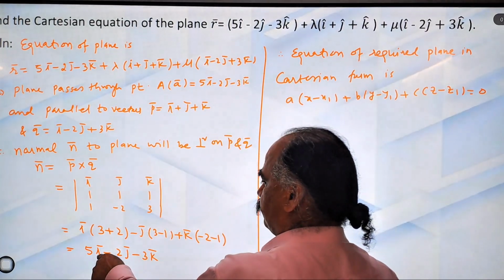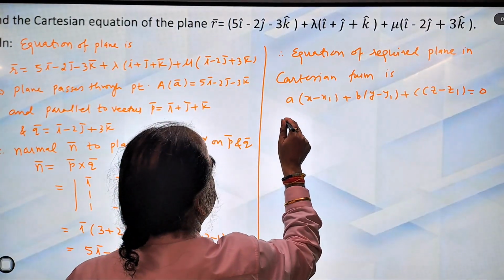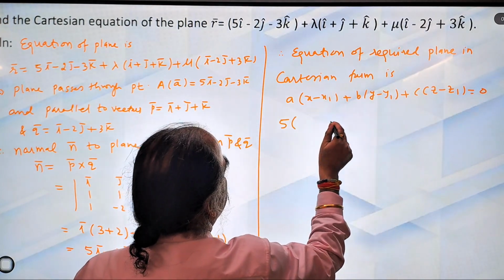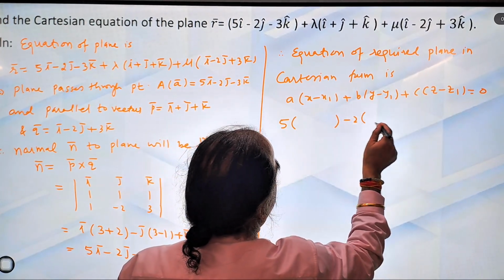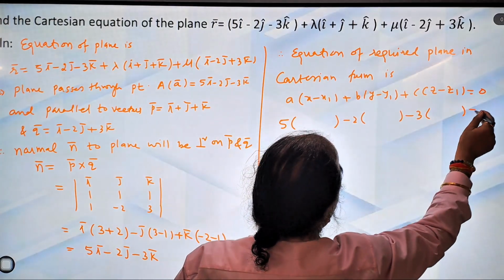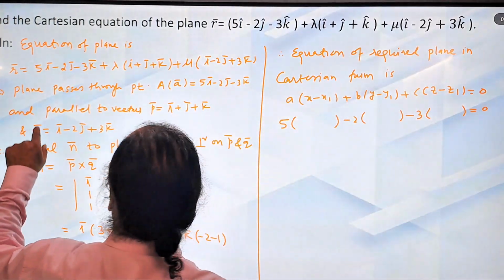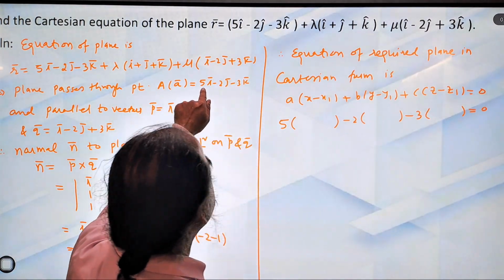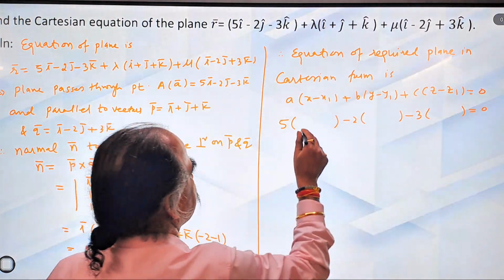A, B, C are 5, -2, -3, and the plane passes through point A bar equal to 5i - 2j - 3k.